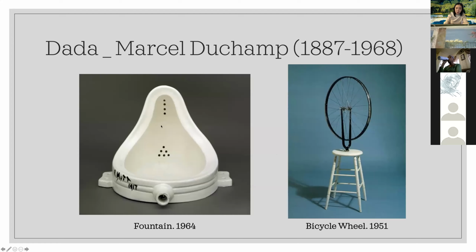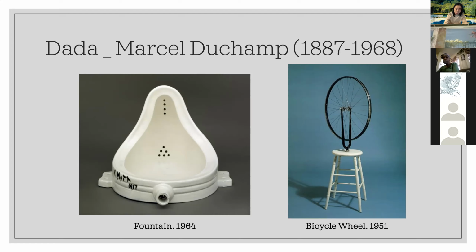And we know this work type, right? Ready-made. The ready-mades of Marcel Duchamp are originally manufactured objects that the artist selected and modified as an antidote to what he called rational art.